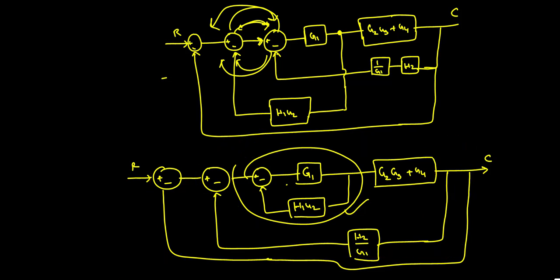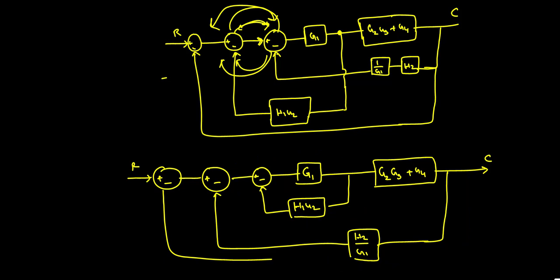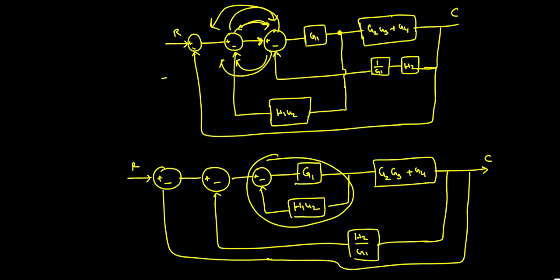One more time, I'm just telling you. Firstly, this particular item you are seeing here is G and H. So suppose you assume G and H, this will come as G by 1 plus GH form, as one block.